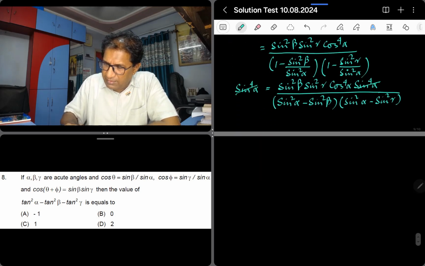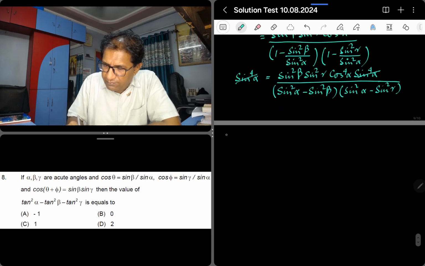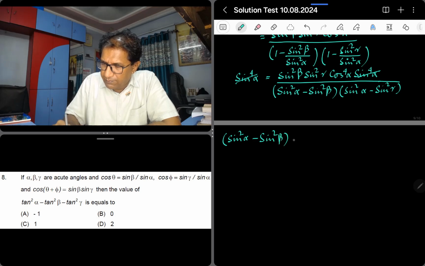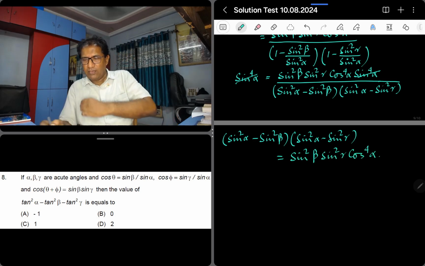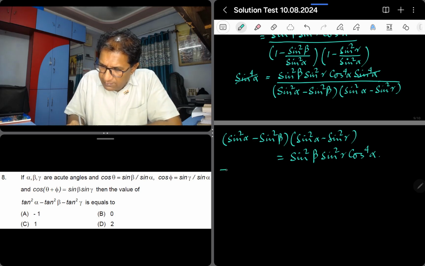So if we cross multiply, we are going to have sine square alpha minus sine square beta. And in the right hand side, we are having, okay. So now let me just multiply this.